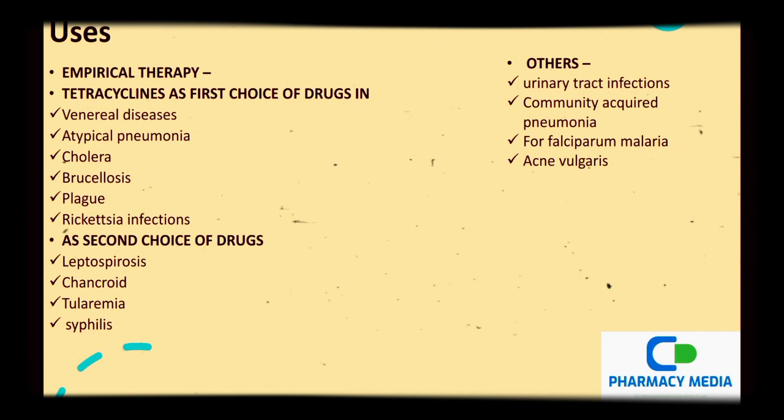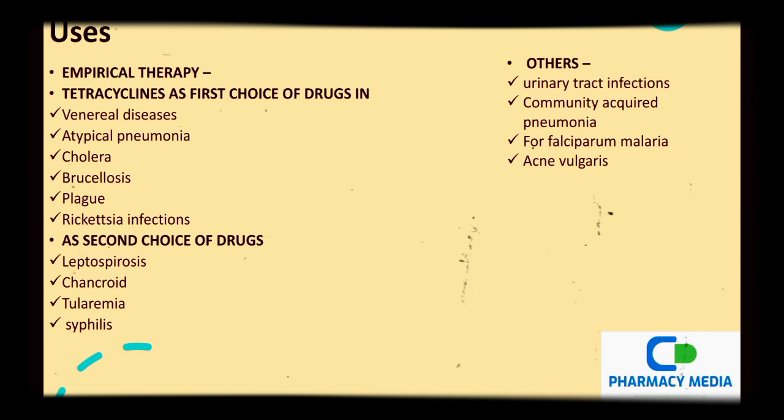Coming to the second choice of drug, it shows effect in leptospirosis, chancroid, tularemia, and syphilis. It is also used for other infections, like urinary tract infections in very odd cases, and community acquired pneumonia when selective antibiotics cannot be used.